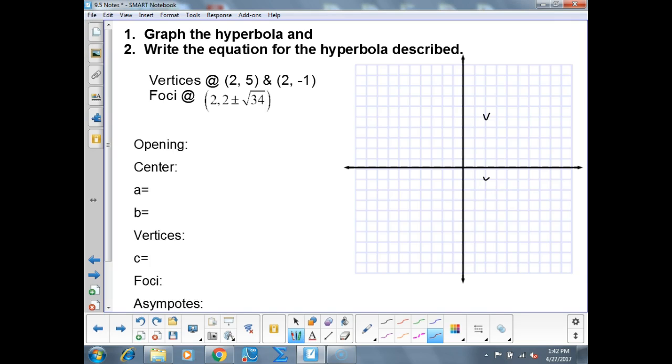Three, four, five, six. Not quite six. The center is 2, comma 2.